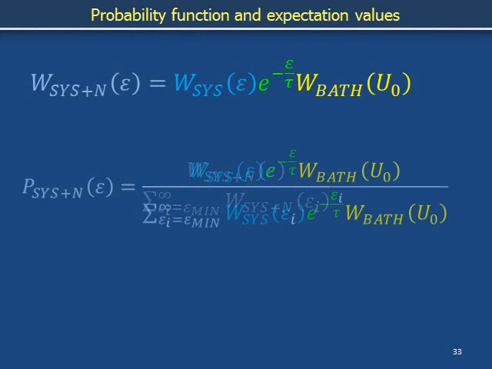We already have the expression for W cis plus n from above, and now we can conveniently cancel out the common constant factor of W bath U0.